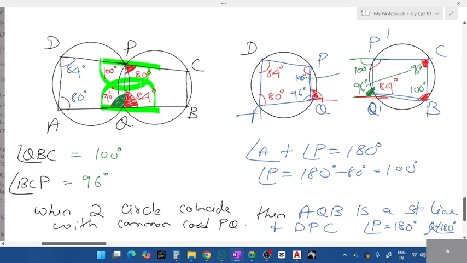Actually, the straight line is the second part. If you understand the exterior angle, do you understand why you get a straight line, AQB and DPC? Because of the exterior angle concept, you will get a straight line.